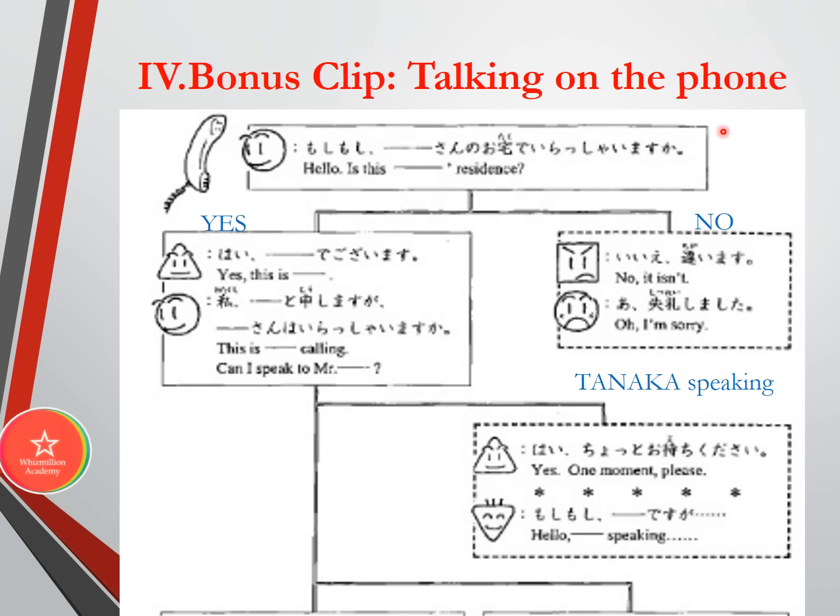So in this first conversation, we can find several sonkeigo. First sonkeigo is いらっしゃいます. This is a sonkeigo equivalent for います.